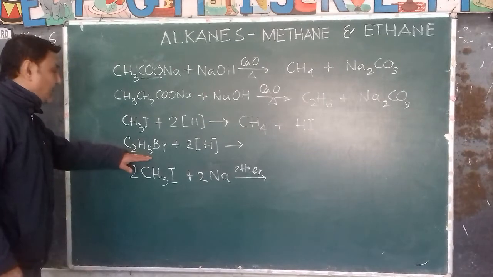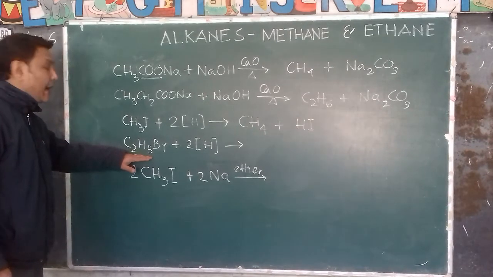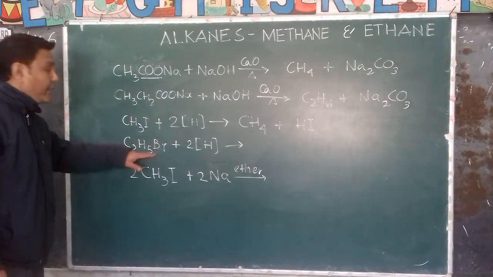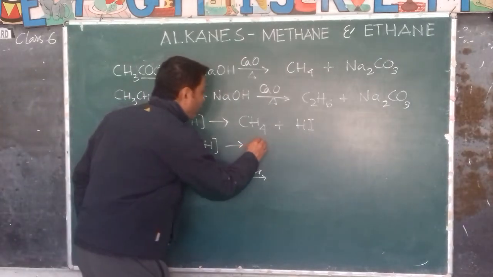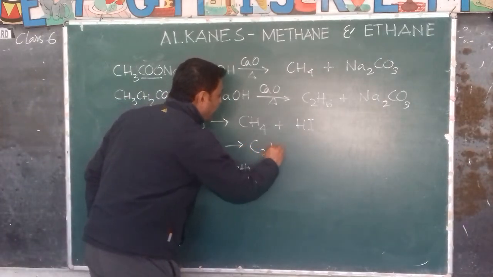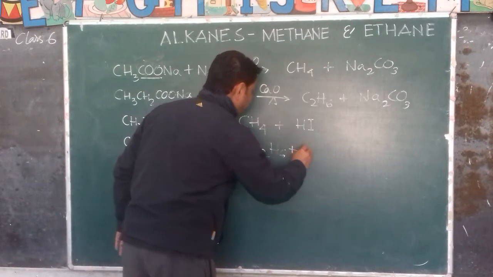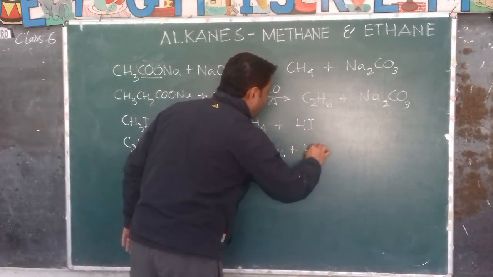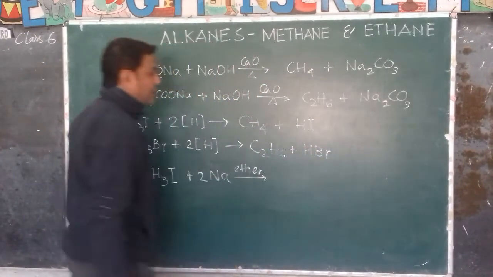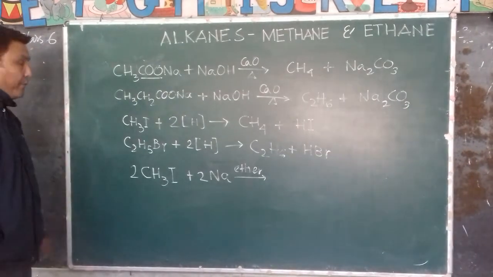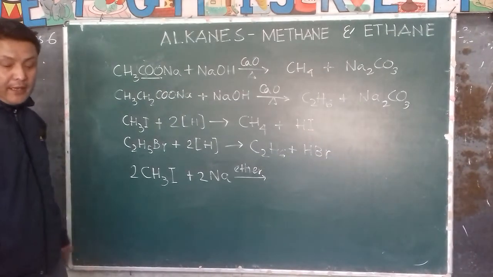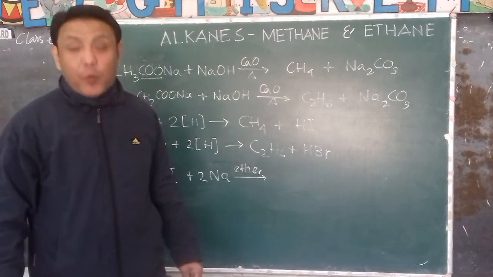Similarly, when we react another alkyl halide, ethyl bromide, with nascent hydrogen, the products are C2H6, ethane, and hydrogen bromide or hydrobromic acid.